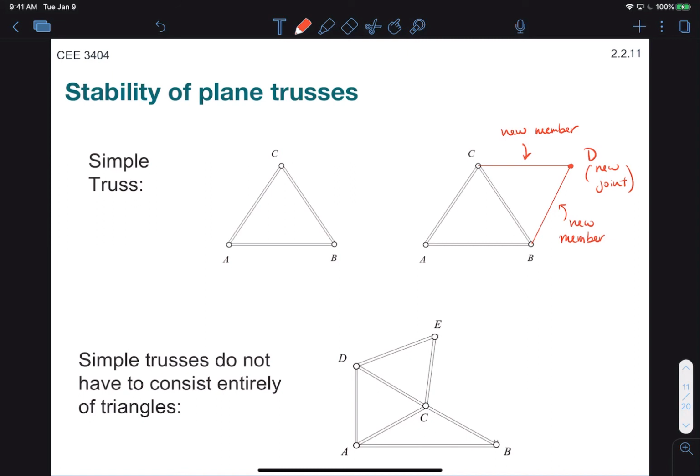So here we have a truss at the bottom that's been built in this way, and we can add another new member and another new joint F, which we combine with points E and B. Notice that's not a triangle, but this is still a simple truss and thus a stable truss.